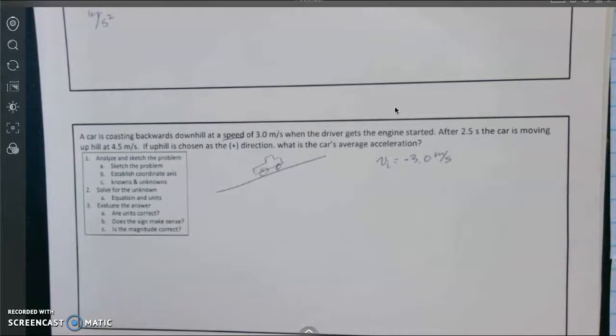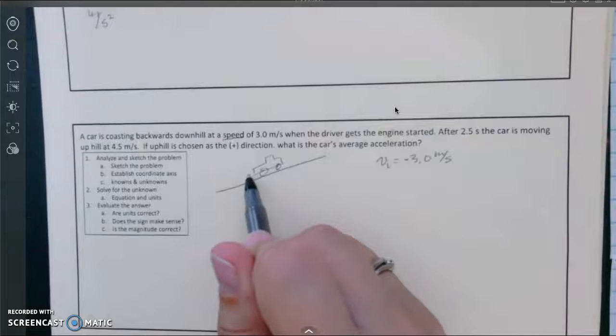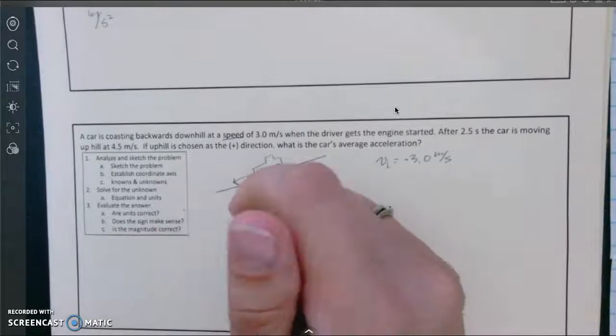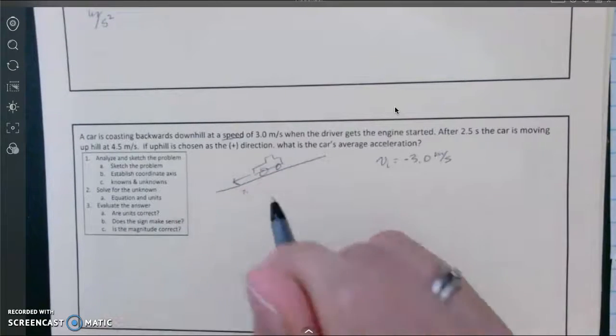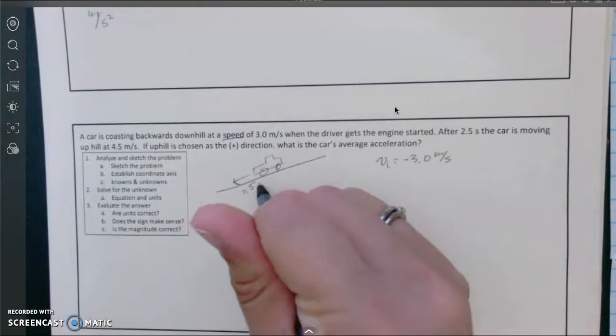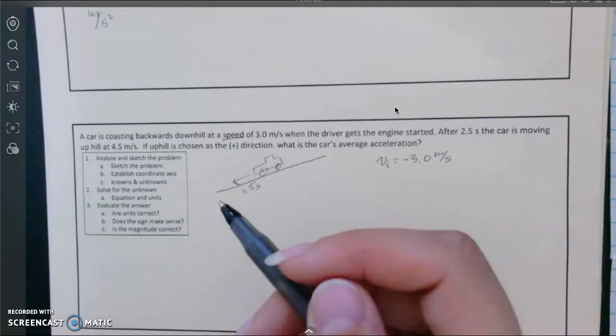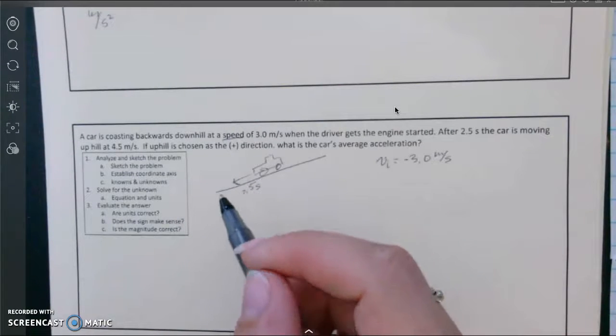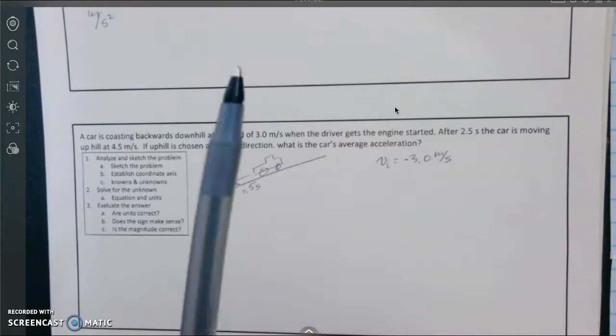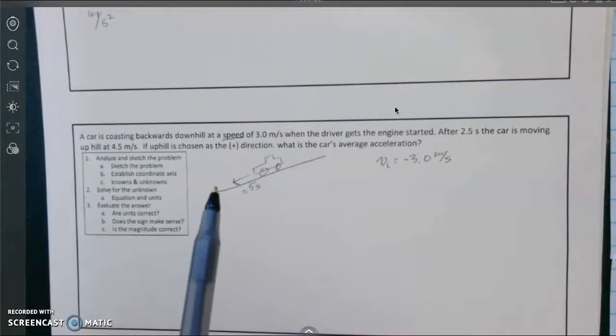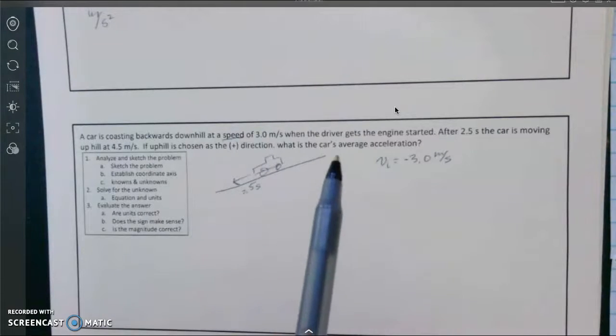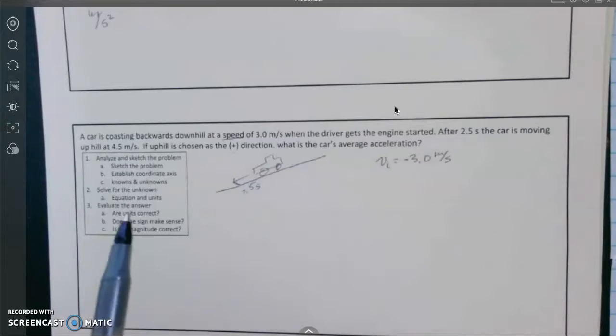When the driver gets the engine started after 2.5 seconds, so it coasted down the hill for 2.5 seconds and then it got the engine started. And then after 2.5 seconds, the car is moving uphill at 4.5 meters per second.